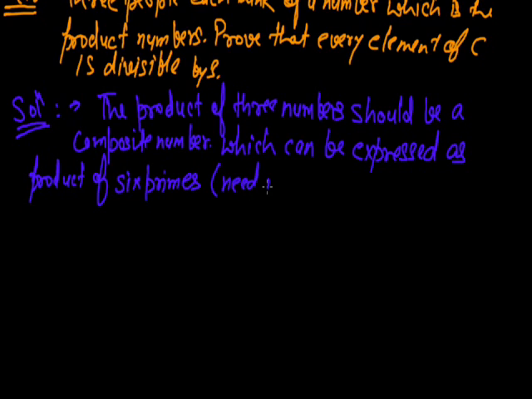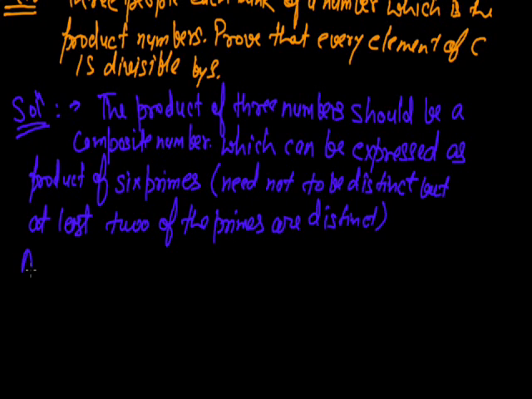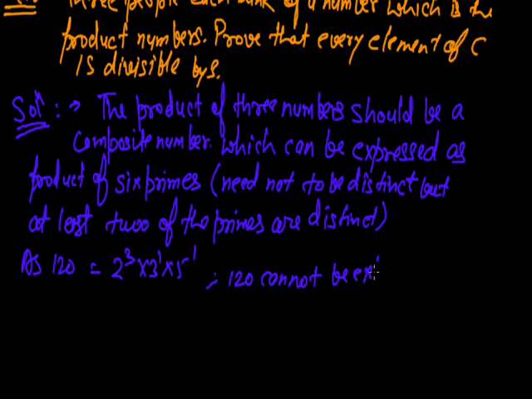The primes need not be distinct, but at least two of the primes are distinct. As 120, the prime factors of 120 may be given as 2 cube into 3 raised to power 1 into 5 raised to power 1. So 120 cannot be expressed as a product of 6 primes.